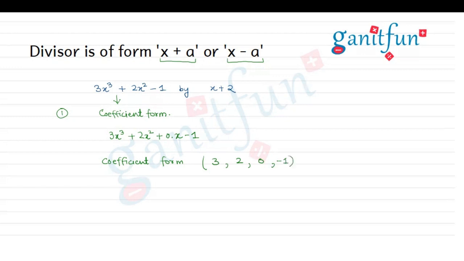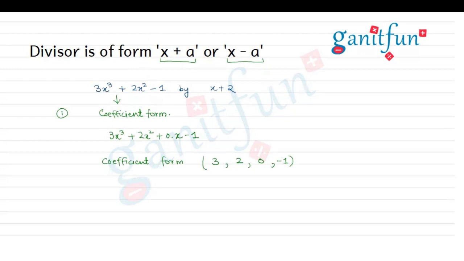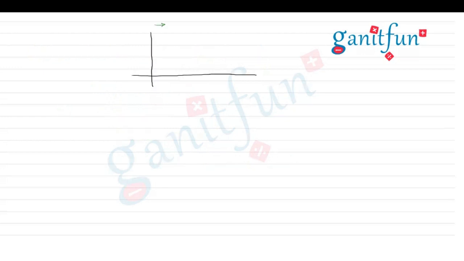Now we'll draw one vertical and one horizontal line. At the top, on the right hand side of the line, we will write the coefficient form of the polynomial, that is 3, 2, 0, minus 1, giving ample amount of space.